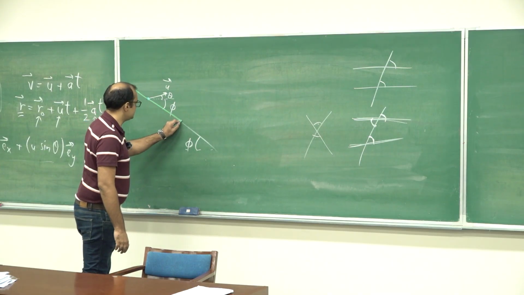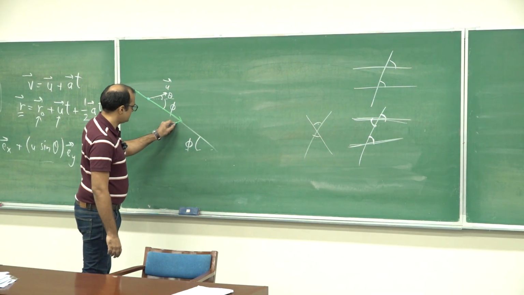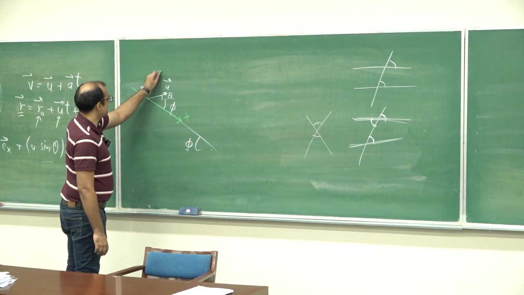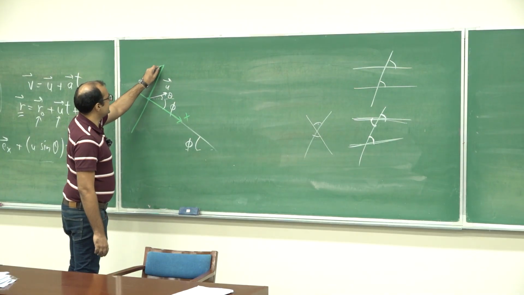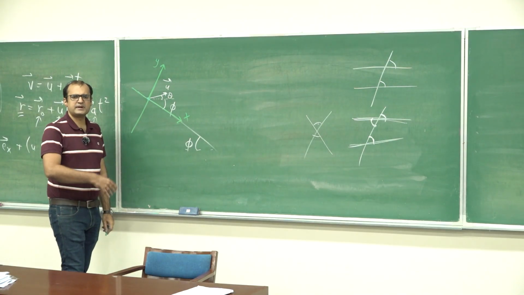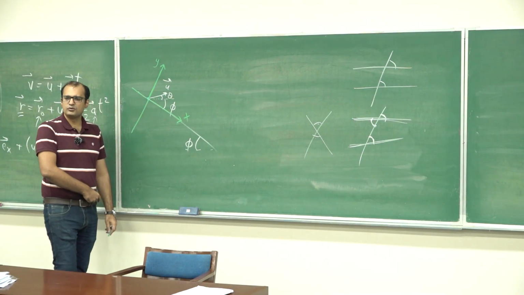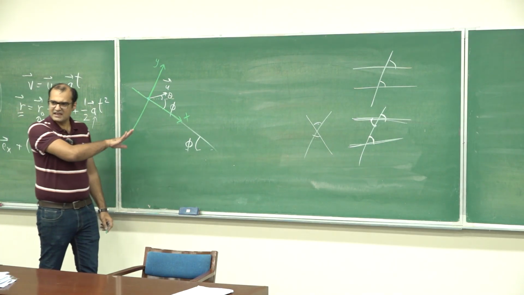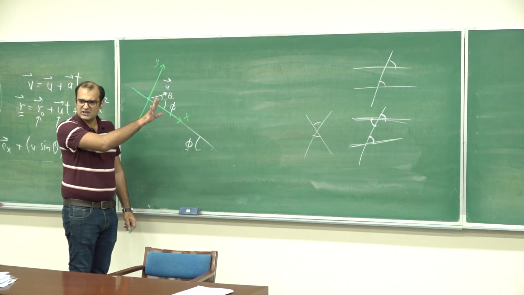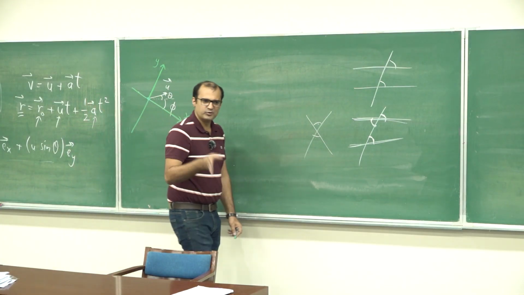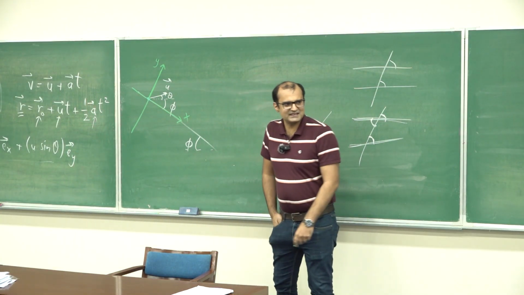This is my x-axis and this is my y-axis. If you tilt it, you can just call it x and y. You put x prime, y prime when you have more than one coordinate system. Whenever you tilt your coordinate axis, don't start calling it x prime, y prime. You have only one coordinate system over here, just call them x and y.